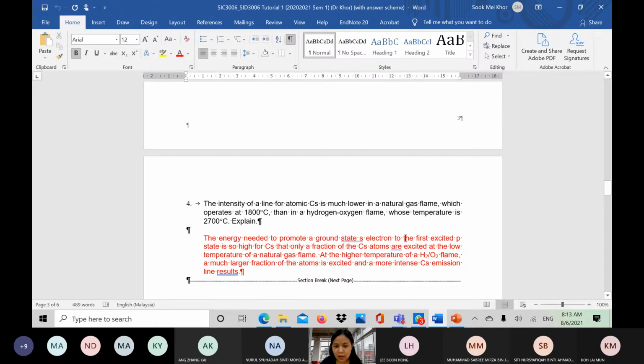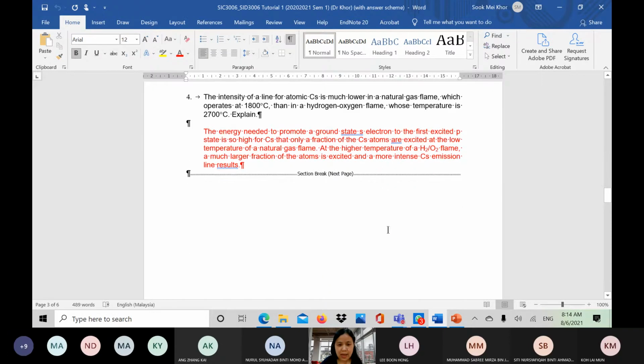At the higher temperature of the hydrogen and oxygen flame, a much larger fraction of atoms is excited, and we will get a more intense cesium emission line. This is a very simple, straightforward question, just that students must have a little bit of critical thinking in order to get it correct.